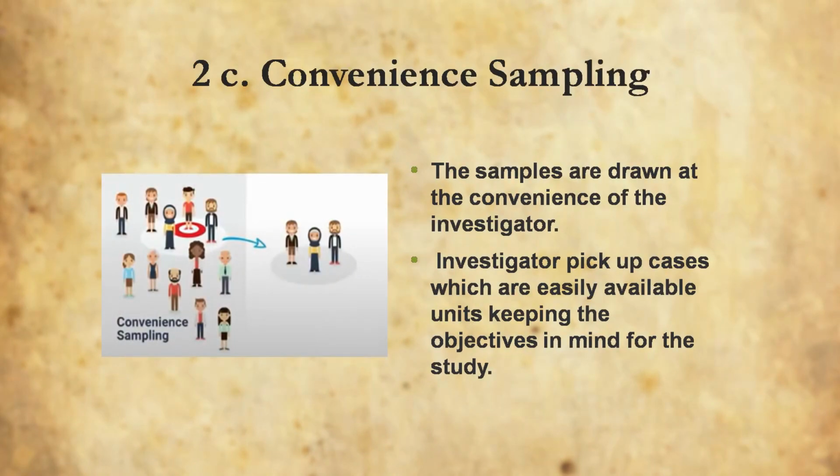So here the samples are drawn at the convenience of the investigator, and the investigator picks up cases which are easily available units, keeping the objectives in mind for the study.